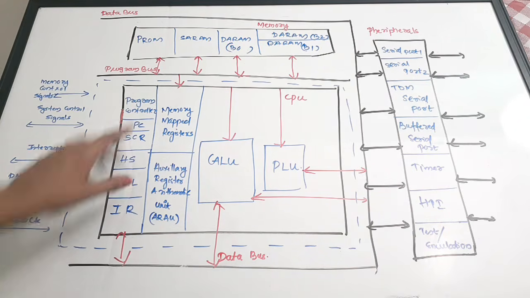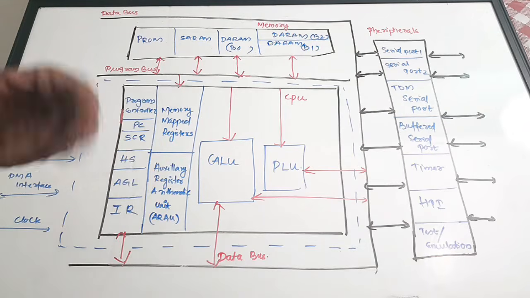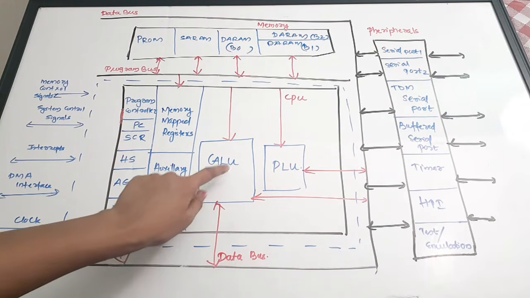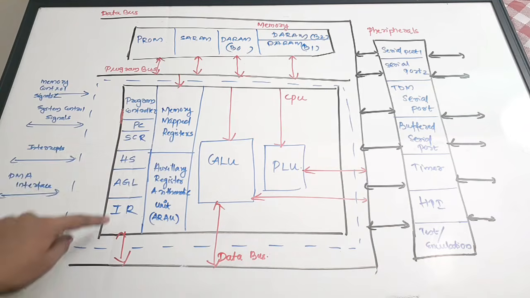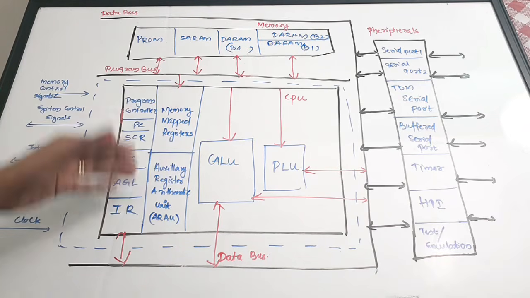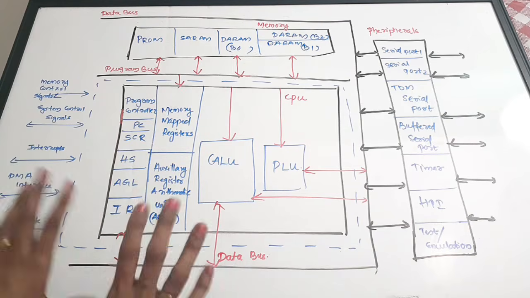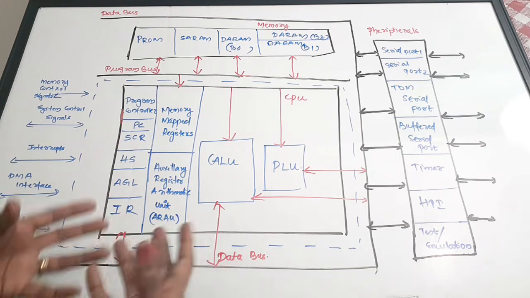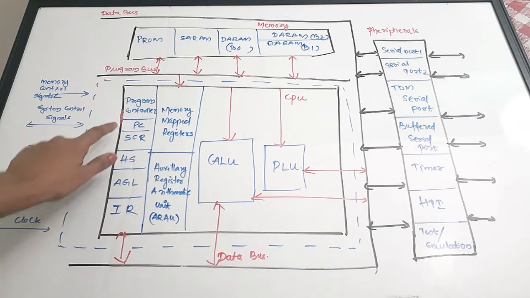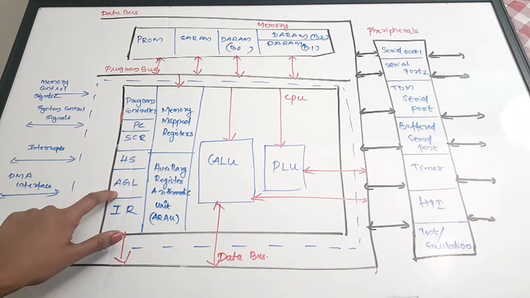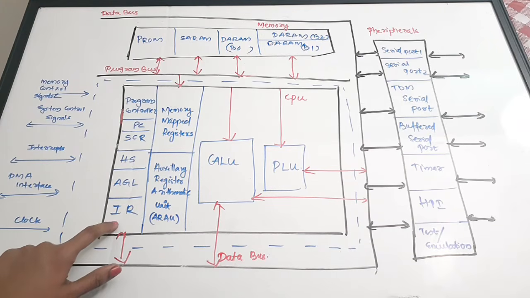So I've tried to draw all the elements as much as possible, but for the elements inside the CALU and some other things, here I've only marked the abbreviations. The detailing, I've explained already. So while drawing in your examination paper, try to draw the detailed figure which we have already explained. Okay, so you have to write it: program counter, status and control register, hardware stack, address generation unit and instruction register.